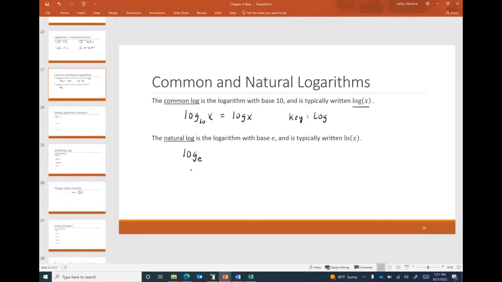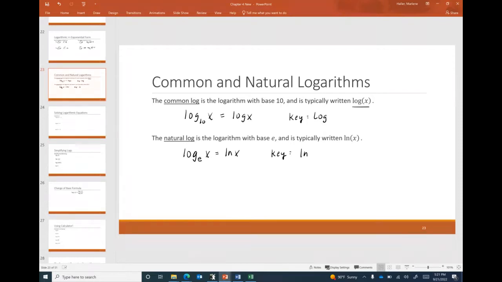It estimates at 2.72, but use the e key on your calculator, which gives you the full decimal. Anyway, log base e of x, we usually write as ln x, natural log of x, and the key that we use on the calculator to evaluate the natural log is the key that has ln on it.